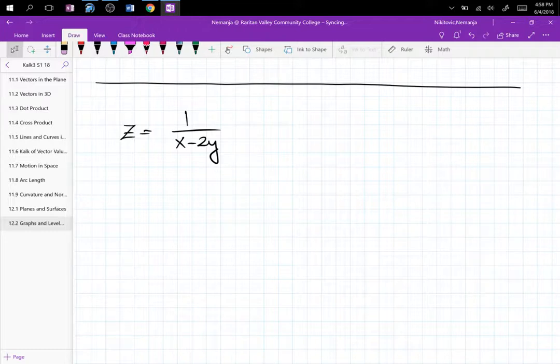If you have something that has a fraction in it, make sure the denominator is not 0, and we're good to go. So we are going to find all values that make the denominator 0, and then kick those values out of all possibilities. So what do I have?